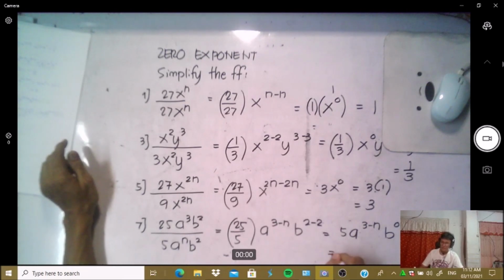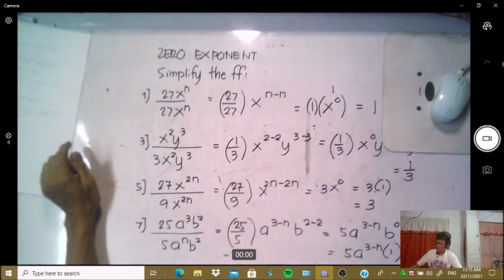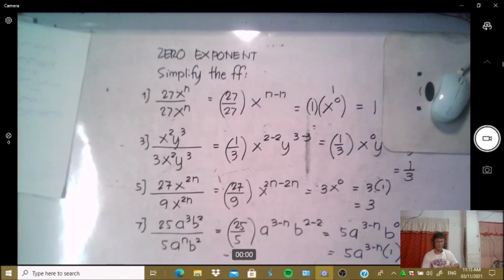So this will be equal to 5 a raised to 3 minus n multiplied by 1. Okay, so our answer is 5 a raised to 3 minus n. So that is for number 7. However, we can also proceed with cancellation.